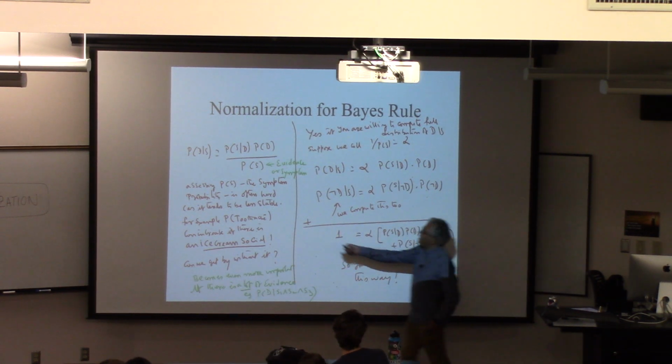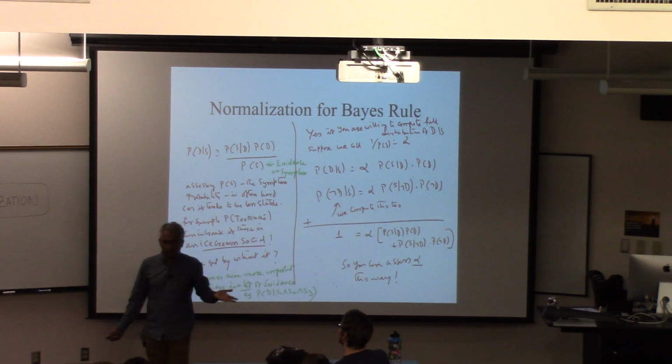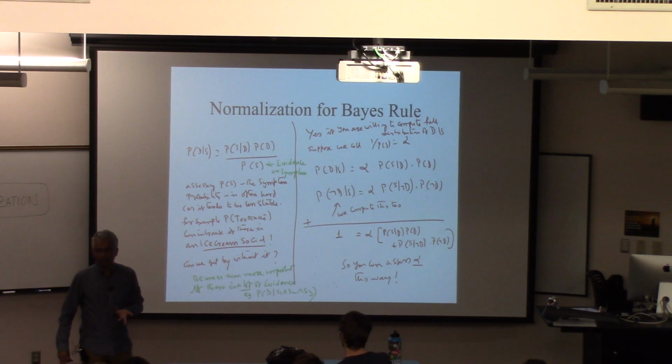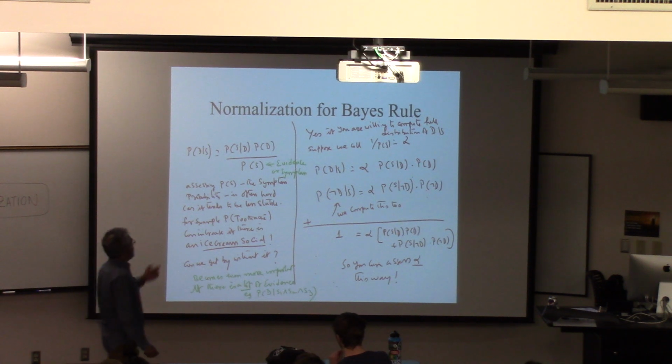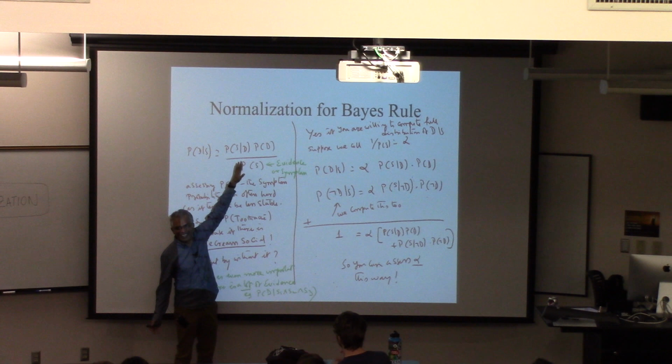Remember this: P(D given S) is P(S given D) times P(D) divided by P(S). That's true. So the probability of disease given symptom is the probability of symptom given disease times the probability of the disease divided by the probability of the symptom. Of these numbers, symptom given disease is the textbook knowledge.